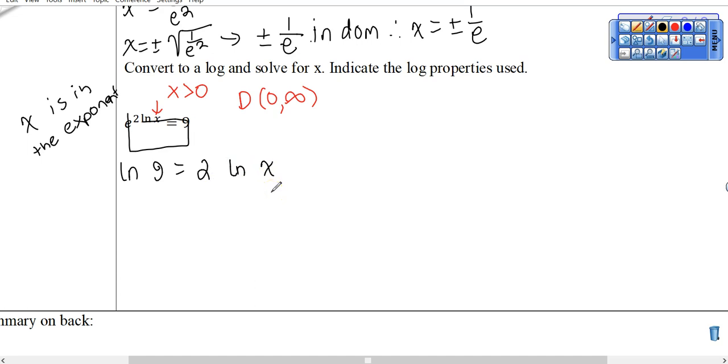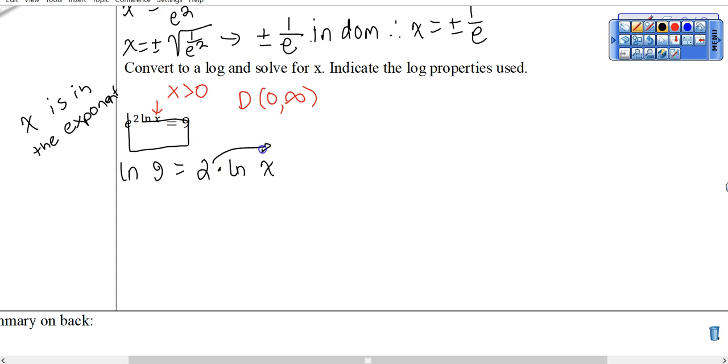Now at this point, what I would like to do is drop the logs and say if a log equals a log, then the number equals a number. But this is a problem. This says the log equals a number times a log. But do you recognize this? What can I do?